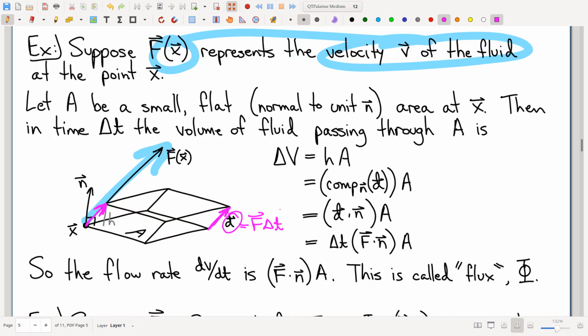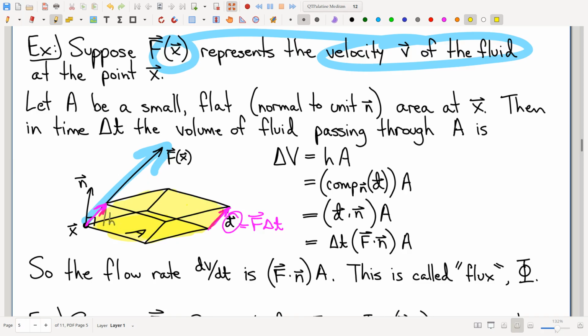It's going to be that edge of the little parallelepiped of water. So in that amount of time delta t, this little particle of water makes it up to there, but then all together, all the water that starts passing through at the start of our clock will go in that same direction, and all together we will have a parallelepiped's worth of water.